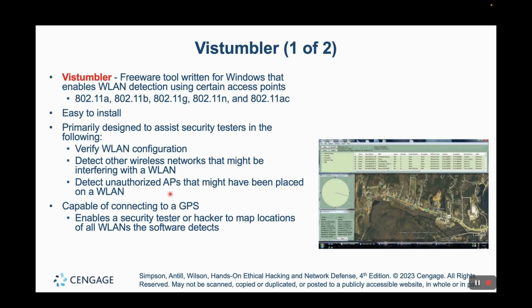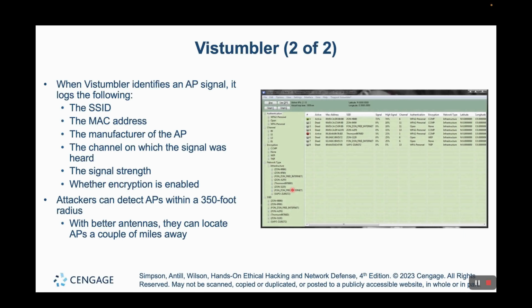Detect unauthorized access points in your corporate network or in your area. And also it can be connected to a GPS, basically to map the location of all wireless LANs. The software detects, like you see in this picture over here.